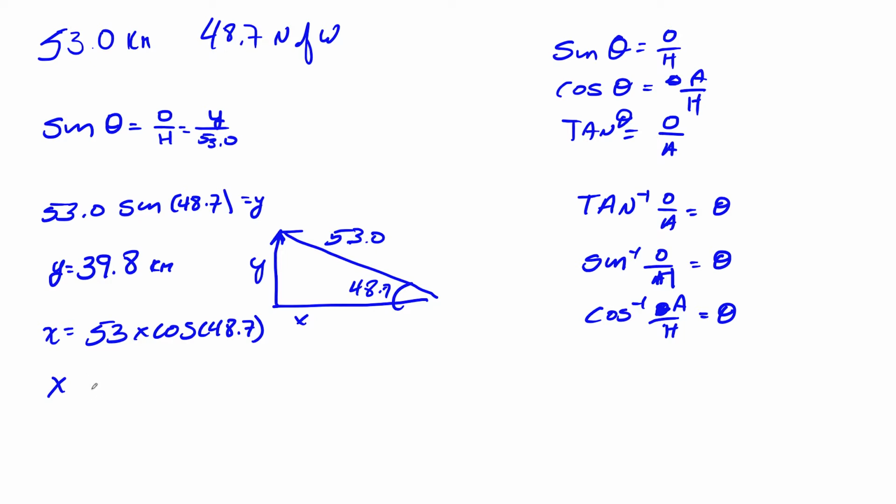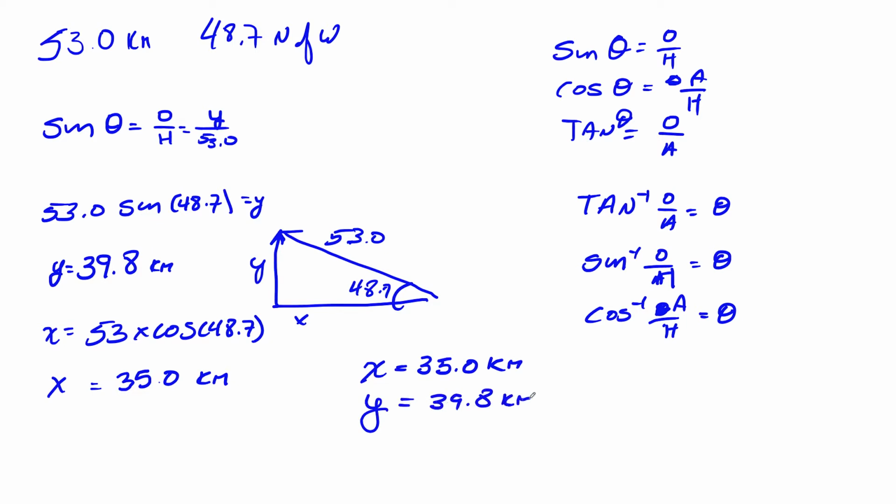You're going to get basically 34.98. Rounded, you're going to get 35.0 kilometers. And there's my x and y. So my x component is 35 kilometers, and my y component is 39.8.